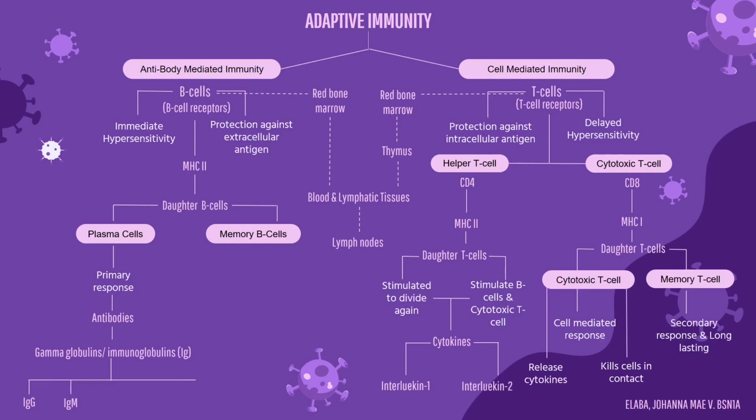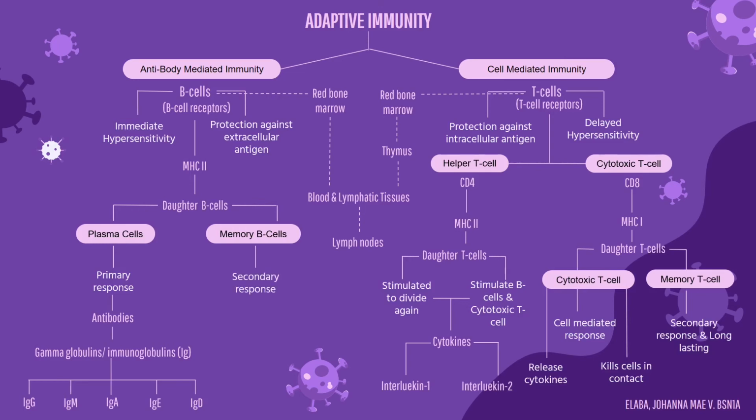It neutralizes toxins and performs opsonization. Third is the IgA. It is secreted into mucus, tears, saliva, and colostrum. The fourth is the IgE. It is the antibody of allergy and antiparasitic activity. The last one is the IgD. It is the B cell receptor.